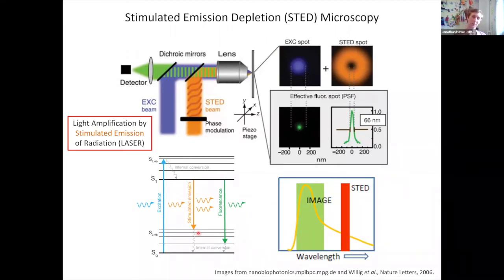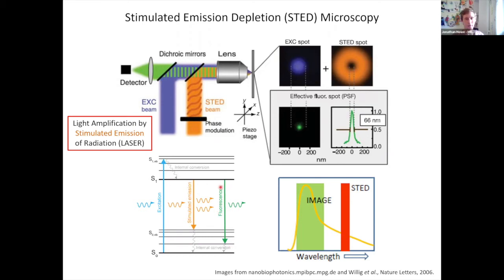The easiest way to explain stimulated emission is to look at this electronic state diagram on the bottom left. If you excite a fluorophore, it goes from the ground to the excited state, and then ordinarily it would drop down to the ground state and emit a photon. The exact energy drop defines the wavelength or the energy of the photon which is emitted.